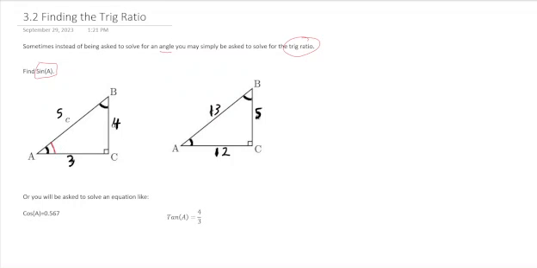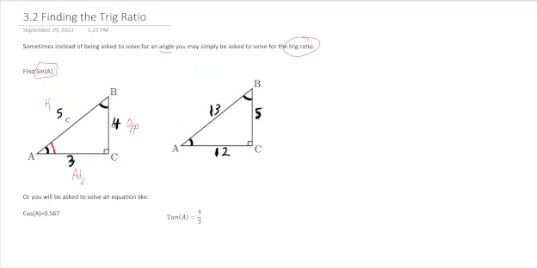Okay, so this is sine A. When we talk sine A, we're talking this angle here that I've marked in red. That's what we're looking for. If that's what we're looking for, we have to line up just like before our hypotenuse, our opposite side, and our adjacent side.